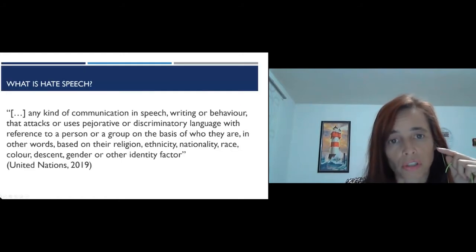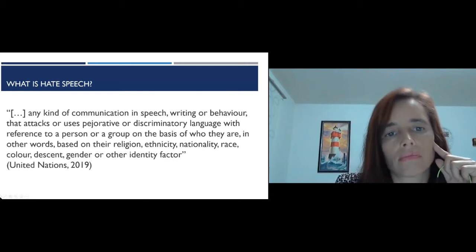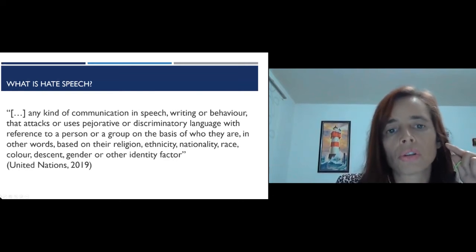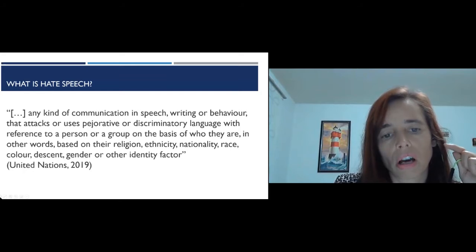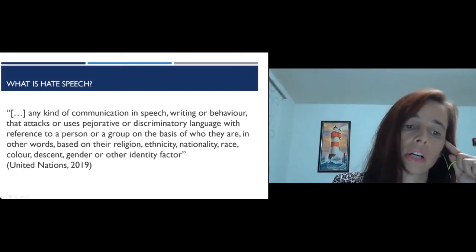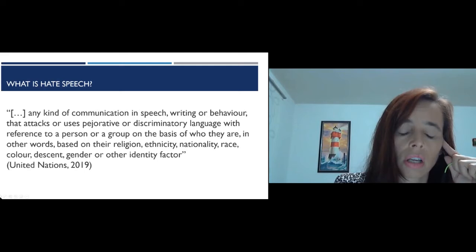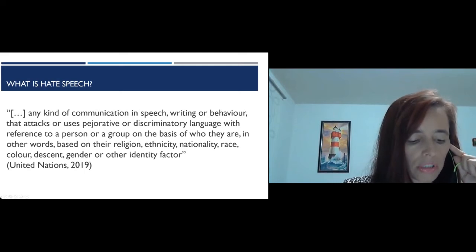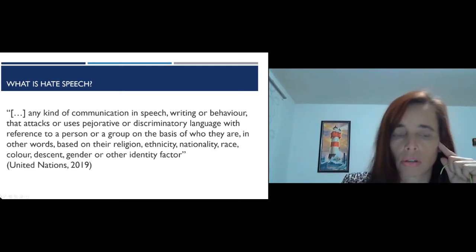First of all, of course, we have to have a look at what hate speech is. I have to say there is no universal definition of hate speech. So I've put one here by the United Nations, which is a rather new definition. But of course, hate speech is something that has been around for quite a long time.